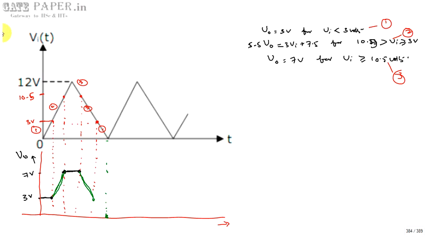So this is the output waveform for the corresponding input. For the second cycle also it will take the same shape. So this is V0 and it is acting as a 2-level clipper. It is clipping at 3 volts as well as at 7 volts. If input is less than 3 volts it clips. If the input is greater than 10.5 volts also it clips. This is the corresponding waveform. Thank you.